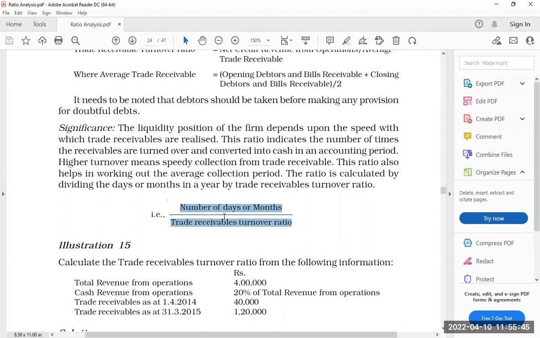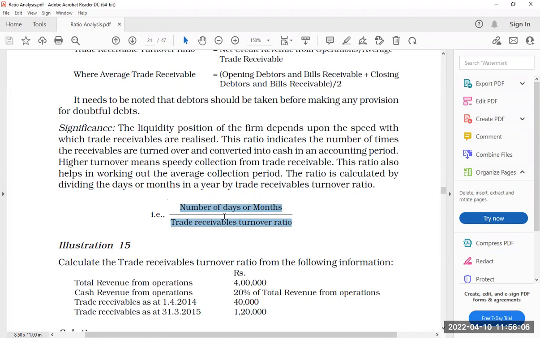Now 365 divided by 2 is equal to 182.5. Now the original answer, 4 times. Take 365 by 4. 90 days, approximately 90 days.